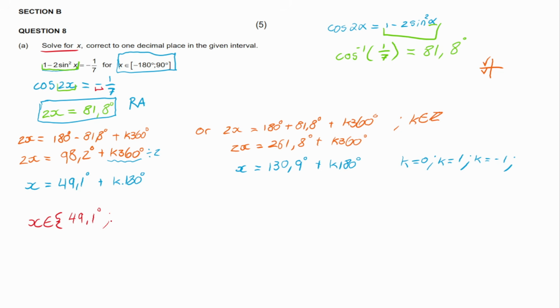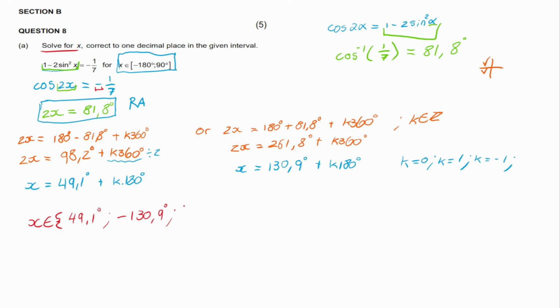Okay, and now what I do, if I set k is equal to minus 1, so if I do that, I'm going to be getting 49.1 minus 180. So I'm going to be getting minus 130.9 degrees. This fits in for us over here because it's not to the left of negative 180.